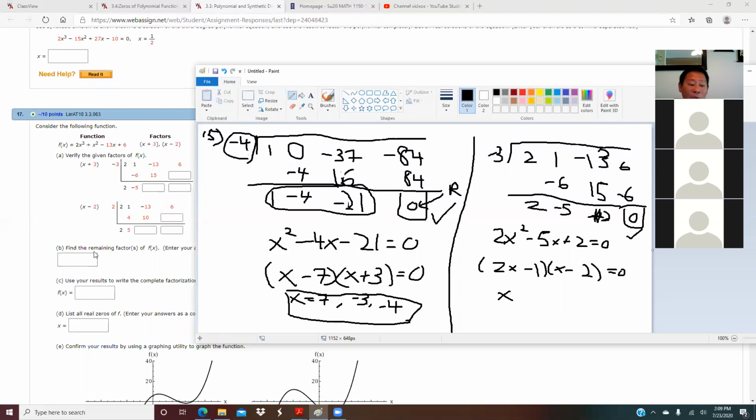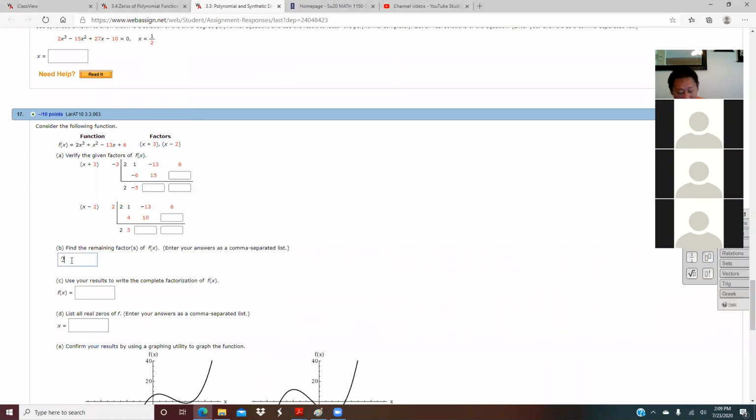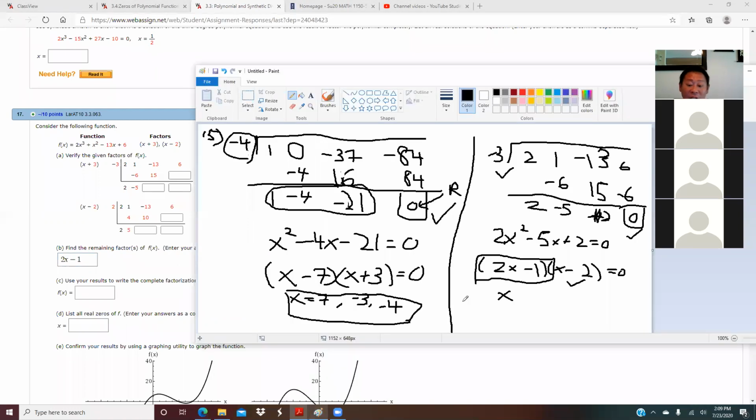So for your remaining factor, you already have x plus 3, which we did here, and x minus 2 is over here. So the remaining factor that is not shown here is 2x minus 1. This is what you need to put down here as 2x minus 1. That is the missing factor in this case.